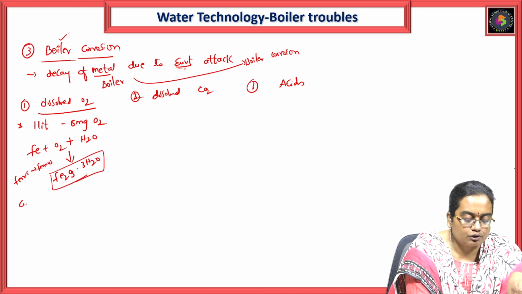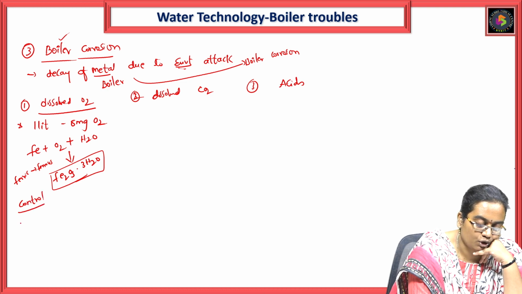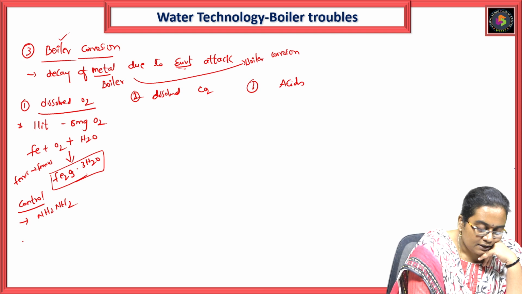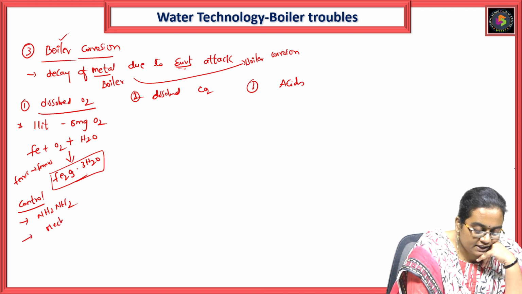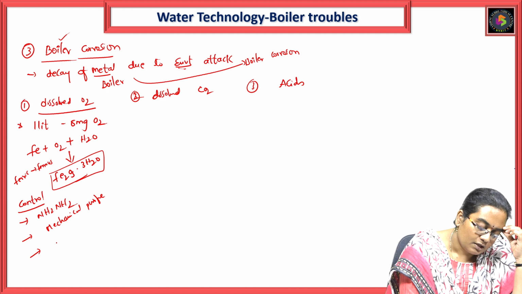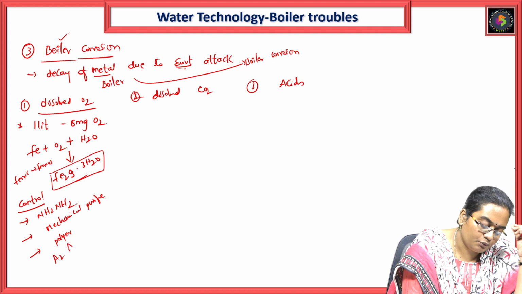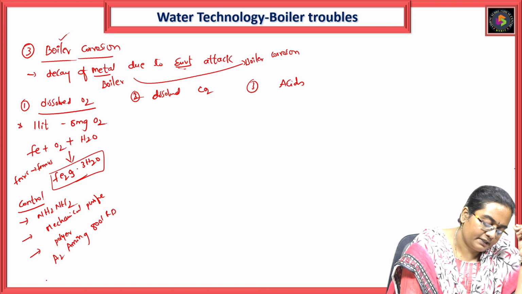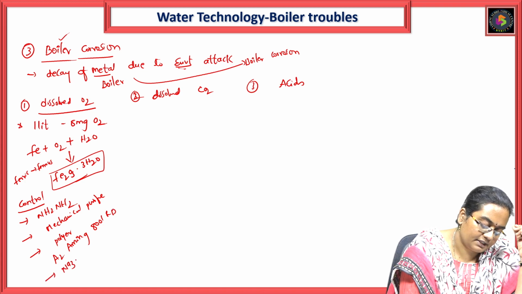Now, how to control this boiler corrosion, this dissolved oxygen present in the water? By treating with hydrazine, by using mechanical purifiers, by treating the water with a polymer, very, very important for objective questions, by treating the water with sodium sulfate, Na2SO4.